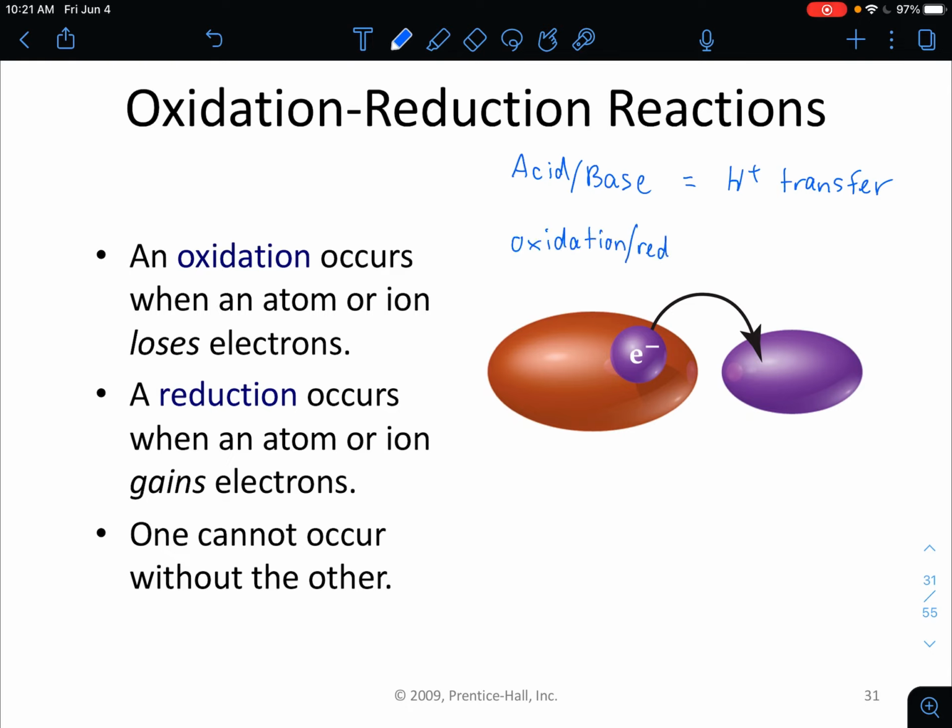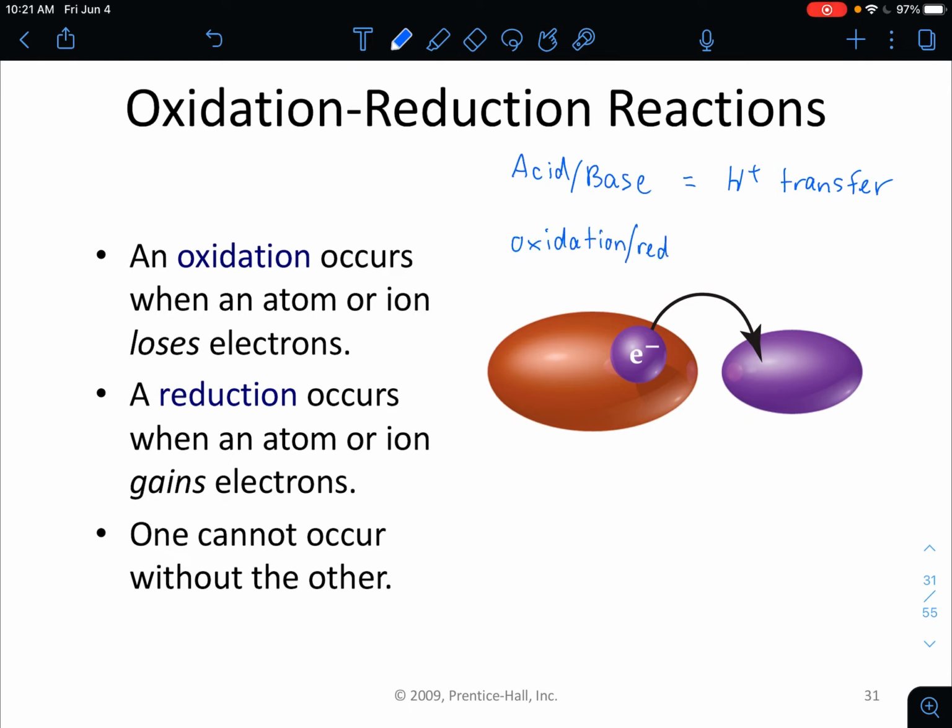So an oxidation reaction is when an atom or ion loses electrons, and a reduction reaction is when an atom or ion gains electrons. So we're basically observing electrons produced in the oxidation reaction getting transferred to be consumed in the reduction reaction.